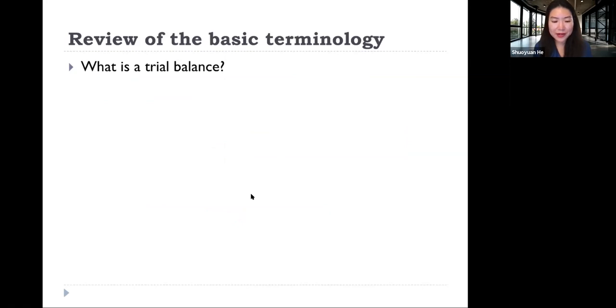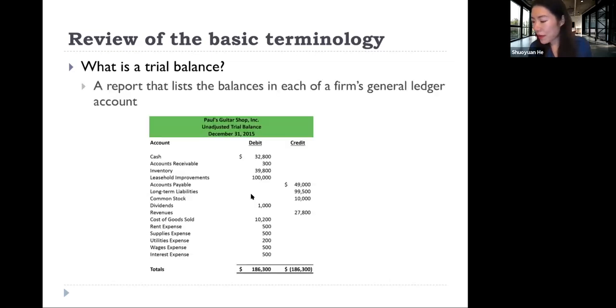What is a trial balance? A trial balance is something which looks like this. Basically, we have a collection of accounts, and at the end of each financial reporting period, we're going to have a balance for each of the accounts, and then we take those balances and put them together on a list.